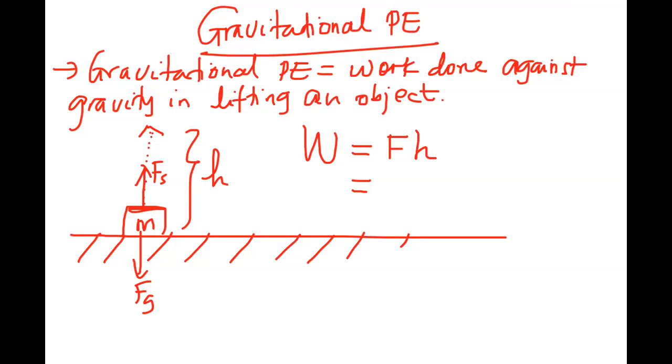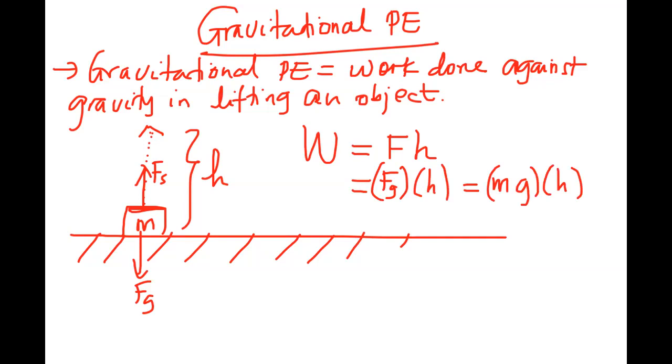So for that reason, we are justified to say that the force you are exerting on the box to do the work is just the gravitational force, and you multiply that by the height. The gravitational force is mg, and the height is h. This is the force acting upward.